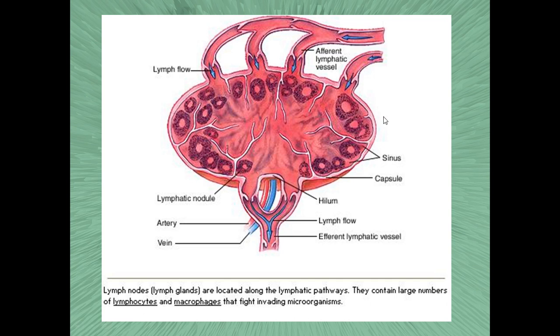Opposite side of the lymphatic node, usually convex, contain the afferent lymphatic vessels, and it's very interesting fact, the number of the afferent vessels is usually 2 times more than the number of the efferent vessels.